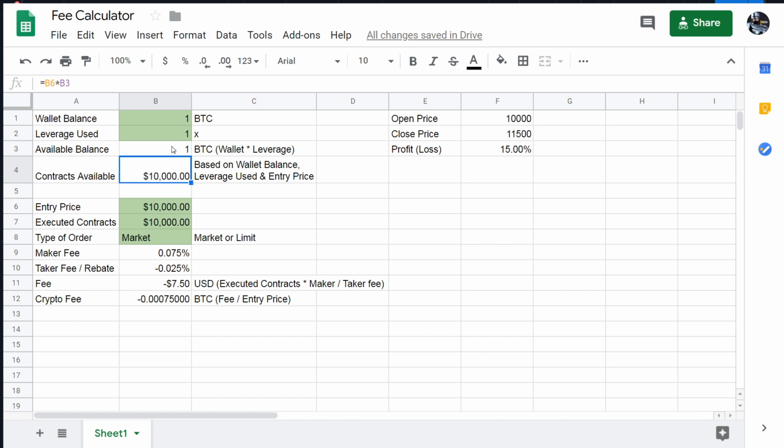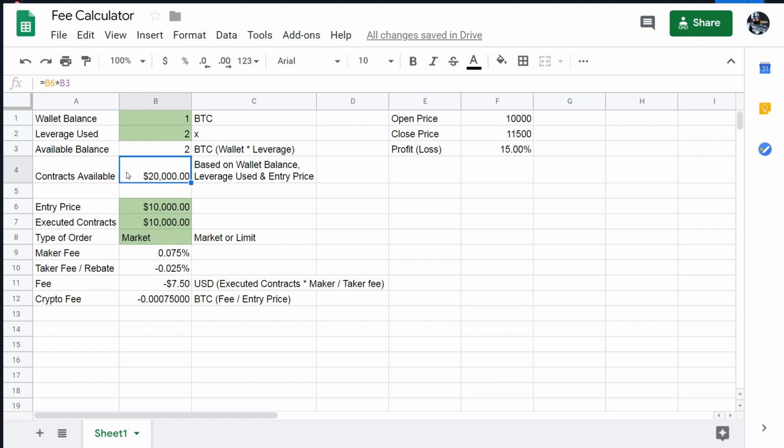All right, so now if I change this from 1x leverage to 2x leverage, my available balance that I can use to trade is now 2 Bitcoin because it's doubling how much I have compared to what's in my wallet, which means I can now create a $20,000 position. This would be using all of my balance for that trade.